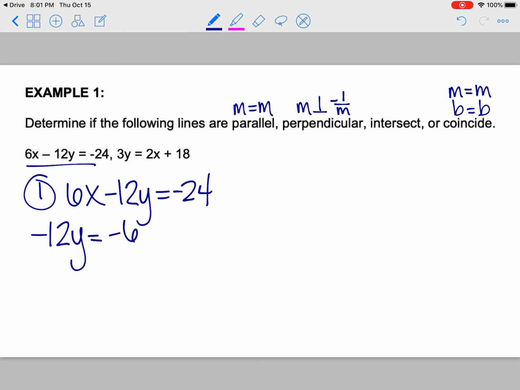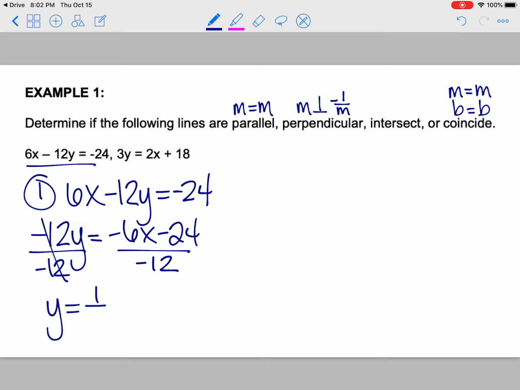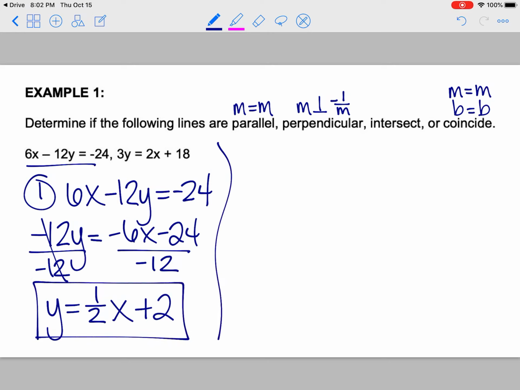We would have negative 12y equals negative 6x plus 24. Divide both sides by negative 12. And we would have y equals 1/2 x minus 2. So negative 6 divided by negative 12, those two negatives cancel, make it 1/2, and then we have our 2. So that's our first equation.